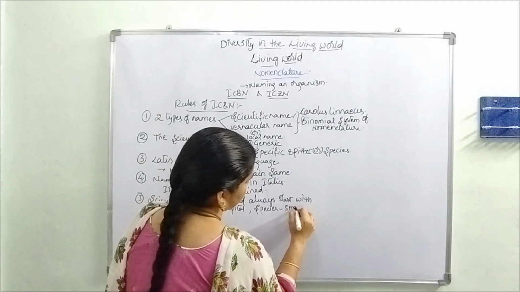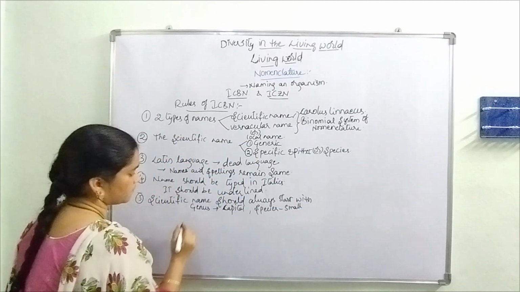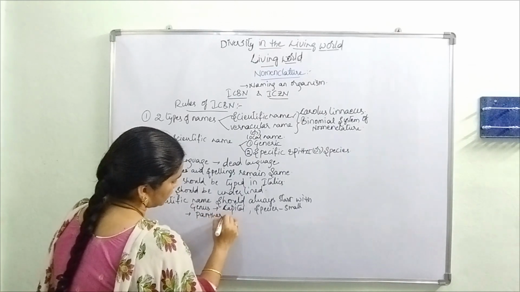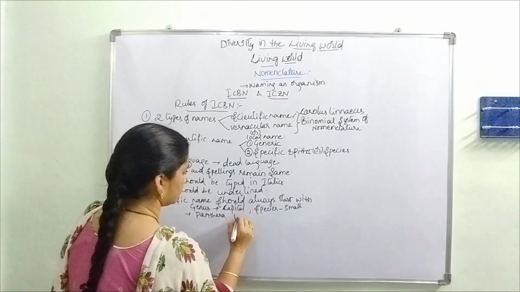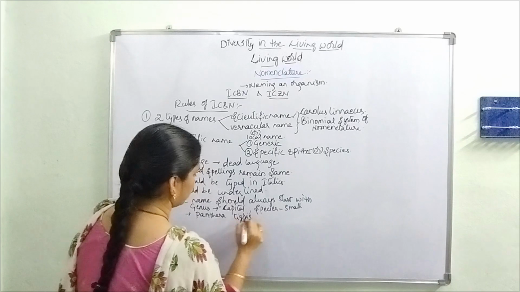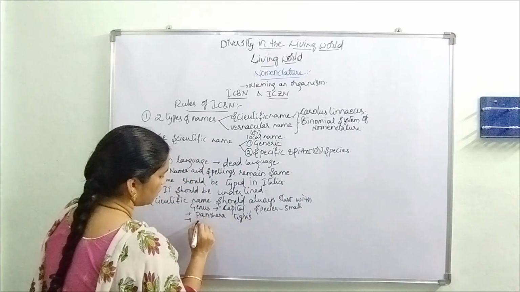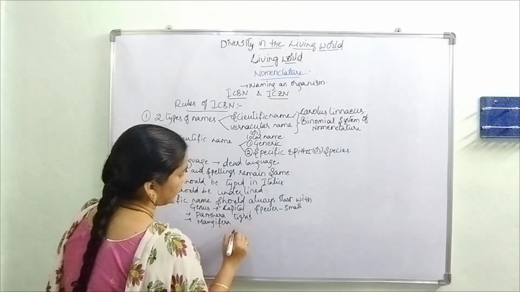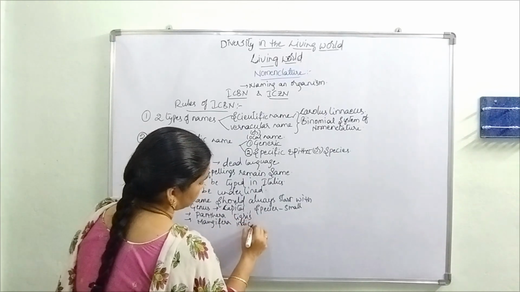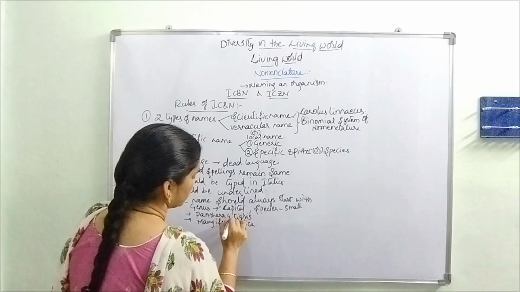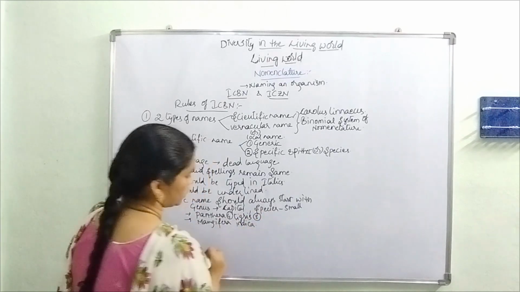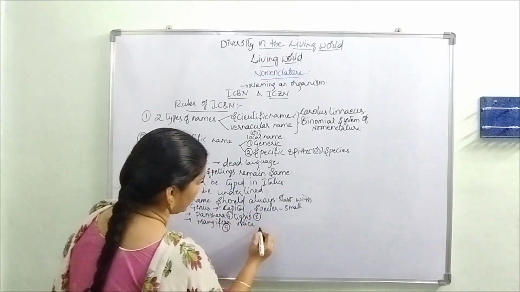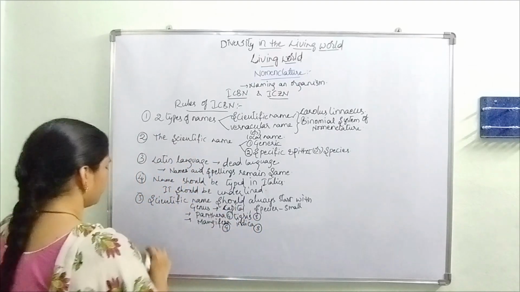For example, Panthera tigris. Second example, Mangifera indica. This is the genus and this is the species, which starts with a small letter. And this is also the genus and this is the species.